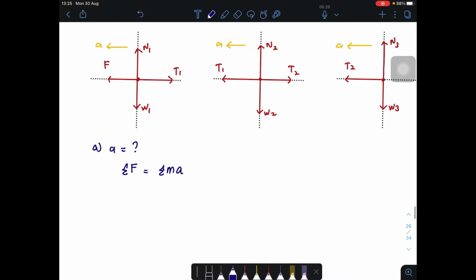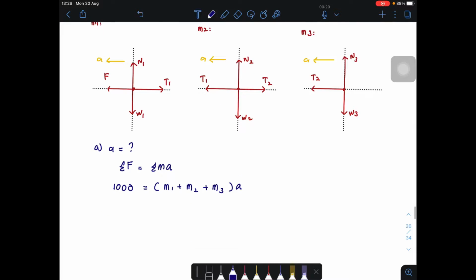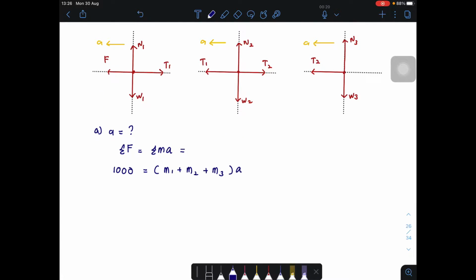So here, the net force is 1000. The sum of the mass will be M1 plus M2 plus M3 times A. Since all of them will have the same acceleration because they are connected with the rope here, basically it is M1A1 plus M2A2 plus M3A3.